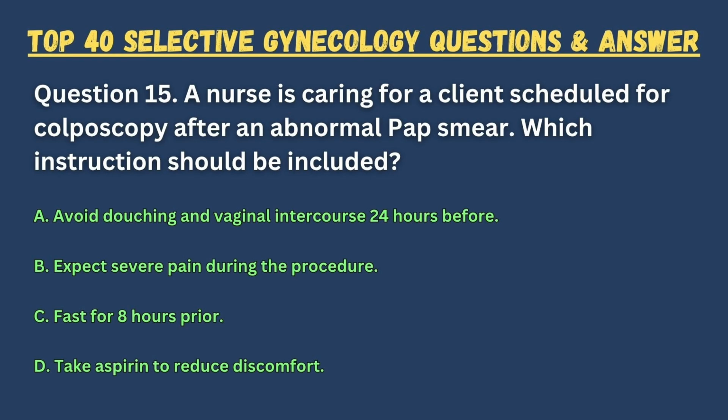Question 15. A nurse is caring for a client scheduled for a colposcopy after an abnormal Pap smear. Which instruction should be included? A. Avoid douching and vaginal intercourse 24 hours before. B. Expect severe pain during the procedure. C. Fast for 8 hours prior. D. Take aspirin to reduce discomfort.